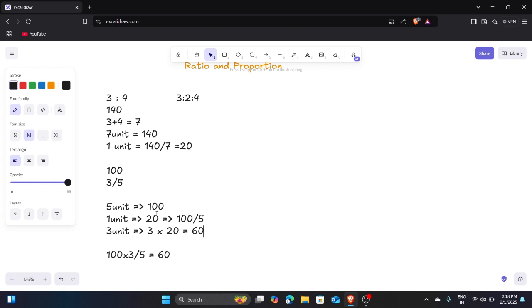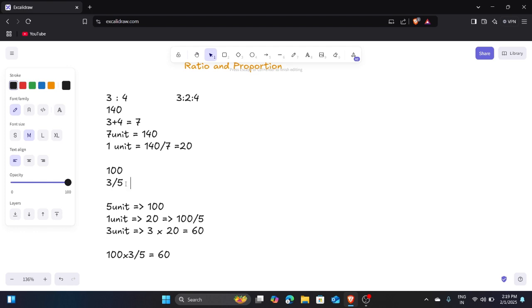In a simple way you can do it like this: the 5 units represent 100. Now, if they ask how much you did not get, what is the proportion of that?